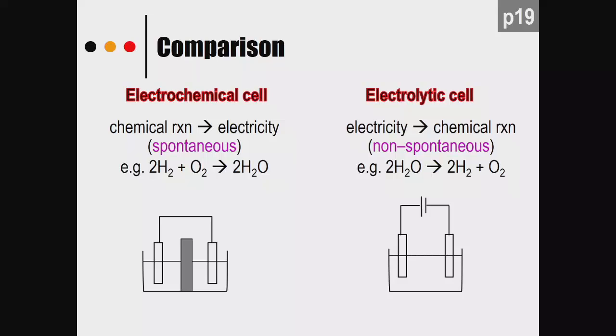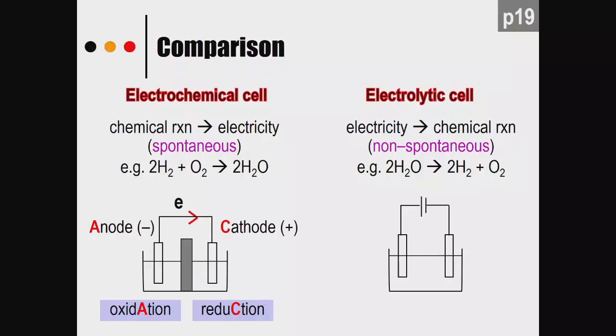It's not like that. So for electrochemical cell, let's recall, how do we assign polarity of the electrode? We first need to determine which is my oxidation half cell and which is my reduction half cell. Oxidation half cell means that oxidation takes place, so electron is given out. It will flow from the oxidation half cell to your reduction half cell.